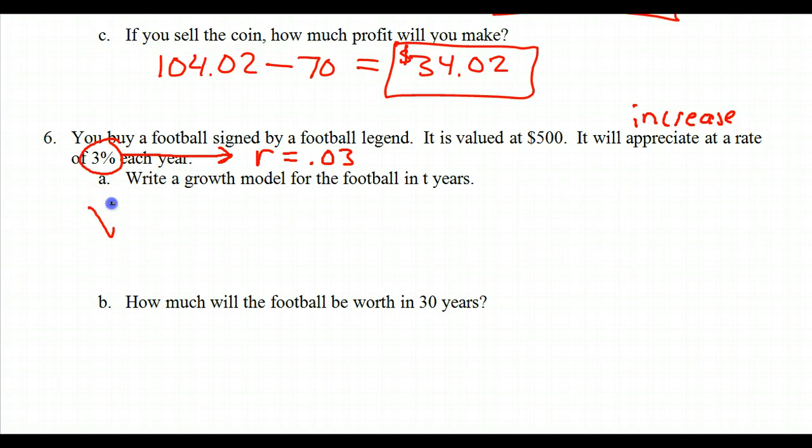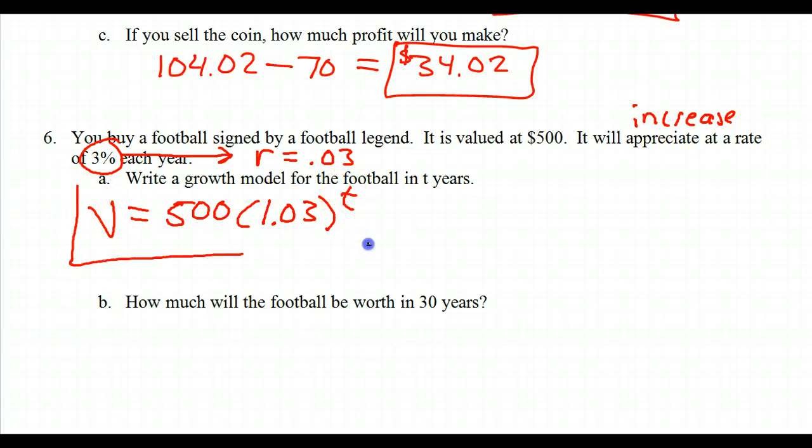So the value of this football is going to be the original $500, and then here comes the growth factor. It's 1 plus 0.03, which is just 1.03 to the power of time. So that is your model.